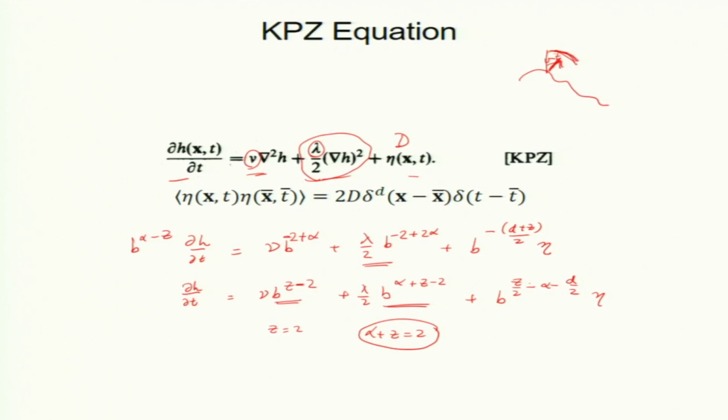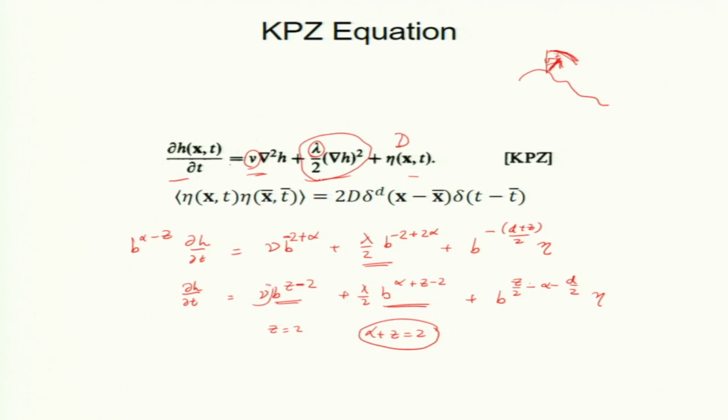When I change my system size, my nu also will change, and it is not new. We have seen it for turbulence. The viscosity is different at different lengths. So, nu being constant is a gross assumption for a nonlinear problem. So, I have to renormalize nu.